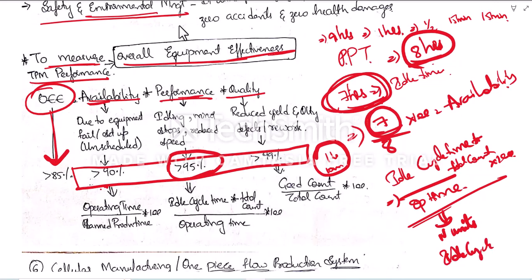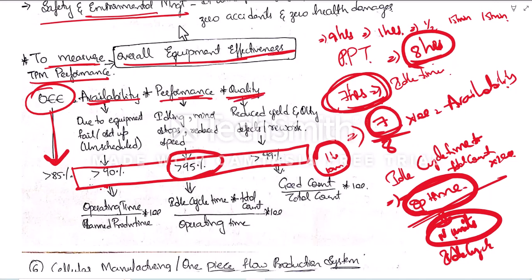We have used this time to produce these units, but in the numerator we take how much time it should actually have taken, divided by how much time it has taken, into 100. It will tell us the performance, whether it is good or not. If it is more than 95%, it is performing well.